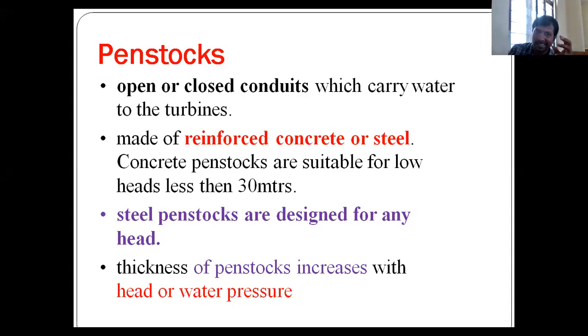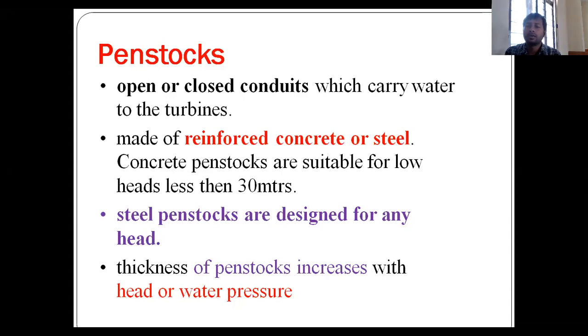If the thickness of the pipe is low, then due to the high pressure the pipe will get damaged, so the thickness of the pipe is designed based on the head of the water and also the water pressure.